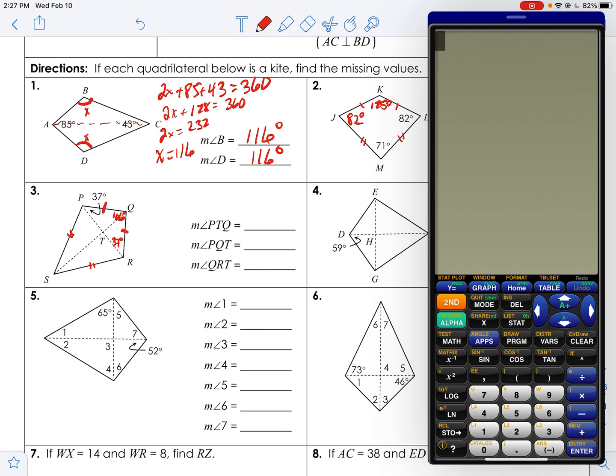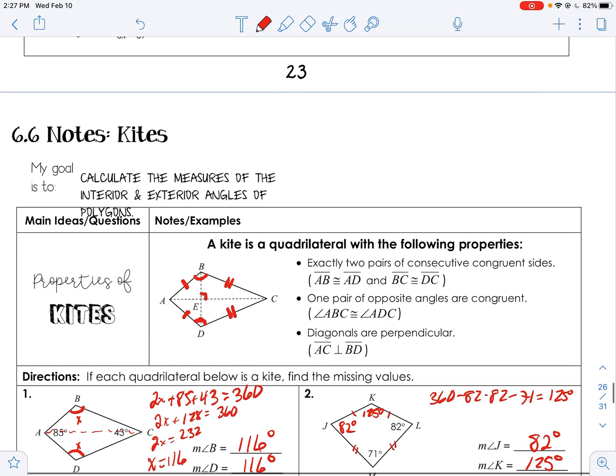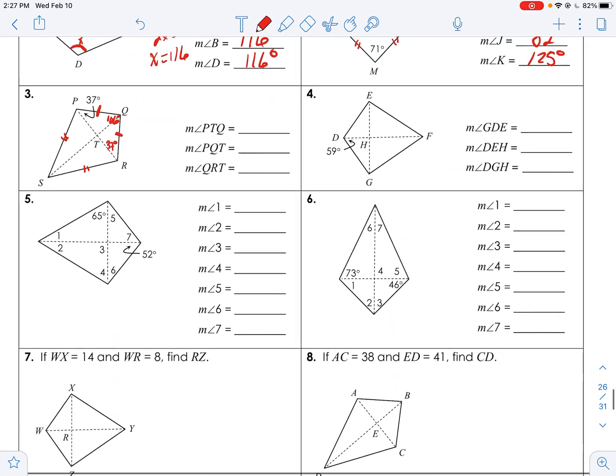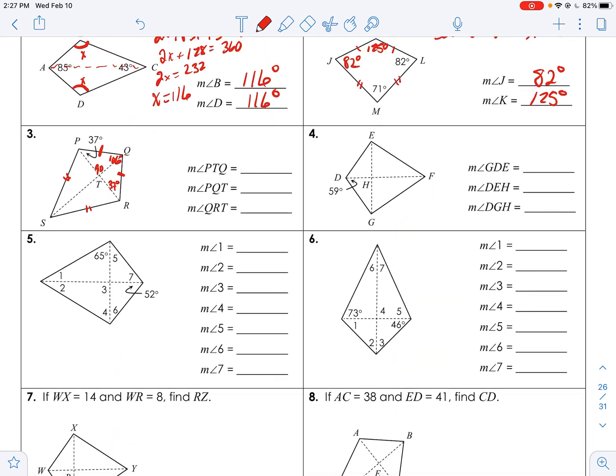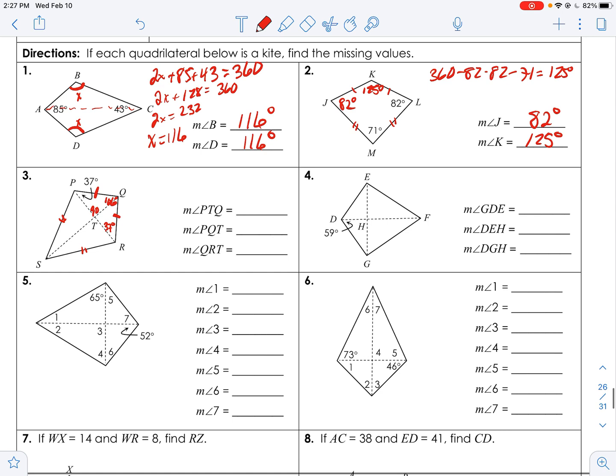So P to T to Q, well, what did it say about their diagonals? Diagonals are perpendicular. Oh, that's easy. So that's 90. Cool. So P to T to Q, 90, perpendicular.